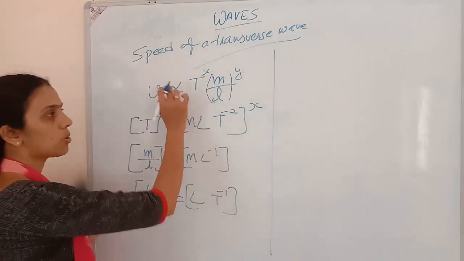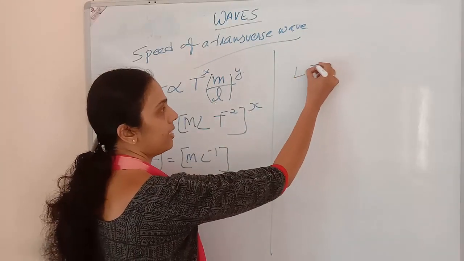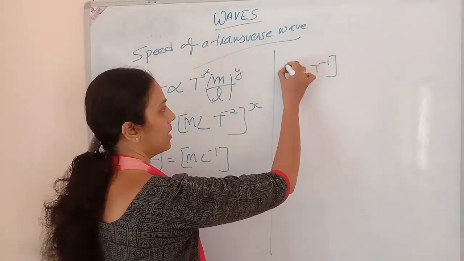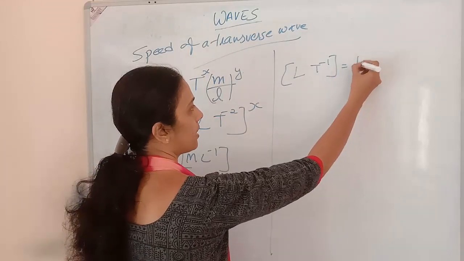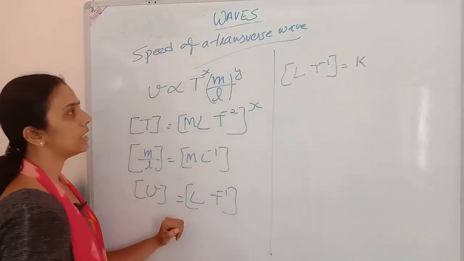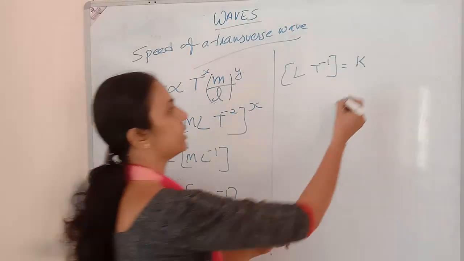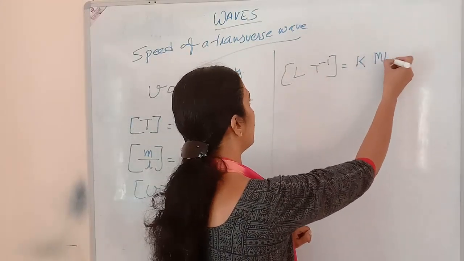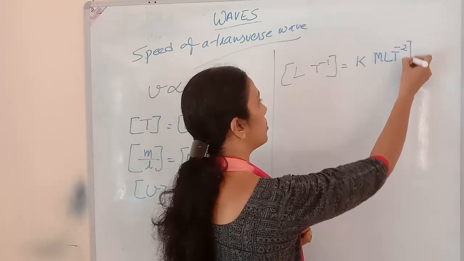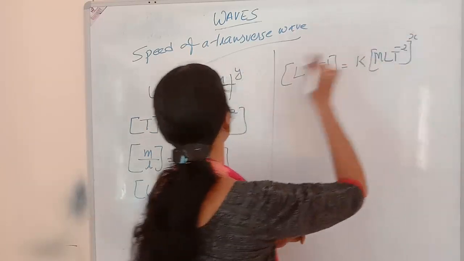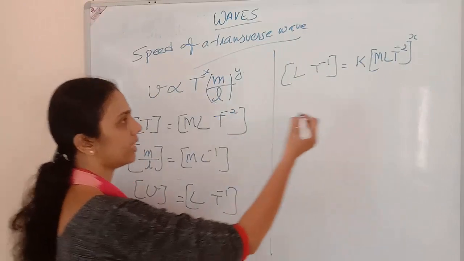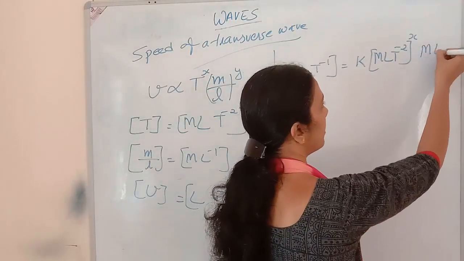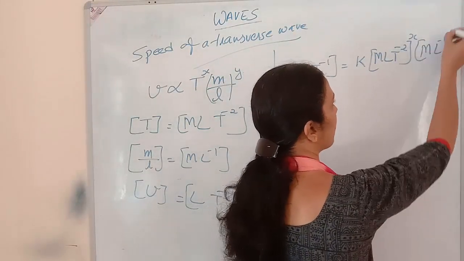Substituting, L T to the power minus 1 equals a constant k into T to the power x, that is M L T to the power minus 2 to the power x, times M L to the power minus 1 to the power y.